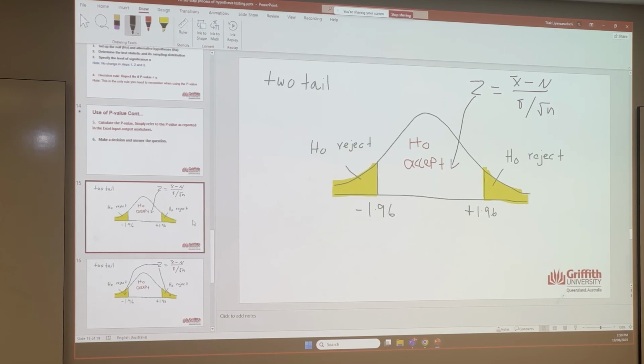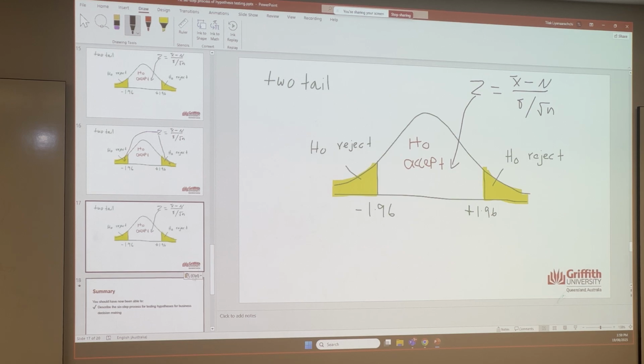Suppose that your Z value is 2.5. 2.5 means it is falling into the rejection region, then you actually reject the null hypothesis, right?